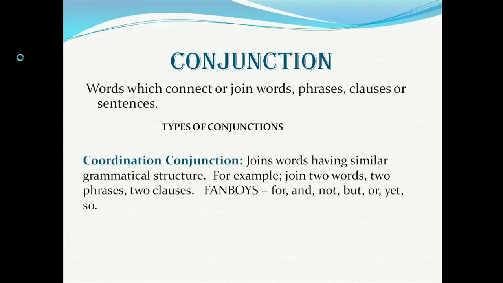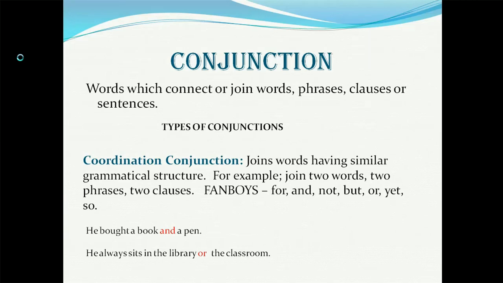The most common ones are for, and, nor, but, or, yet and so. All these words can be abbreviated together to form FANBOYS, so it will be easy to remember: F for, A for and so on.